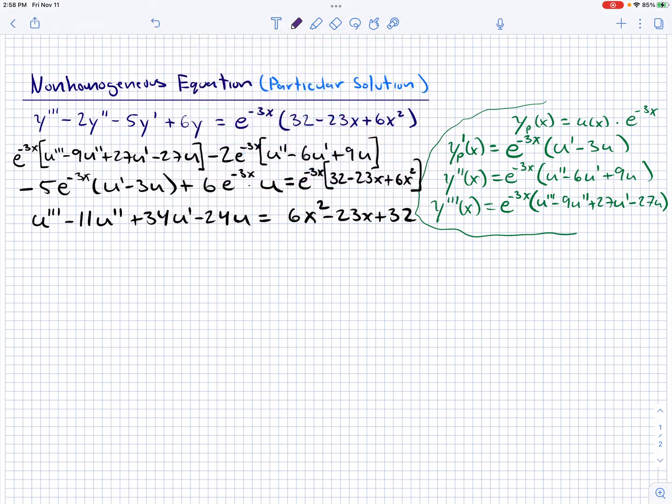say that we are looking for u particular, u of x, is going to be in the form of a quadratic ax squared plus bx plus c.